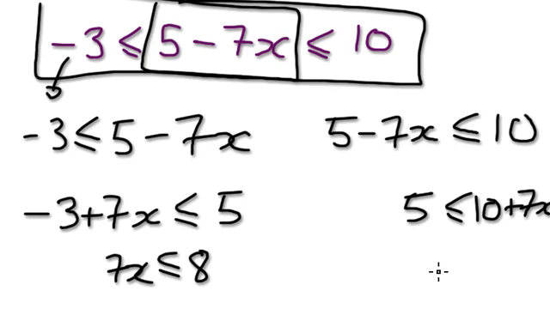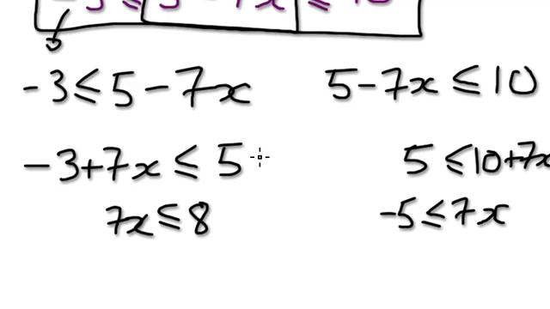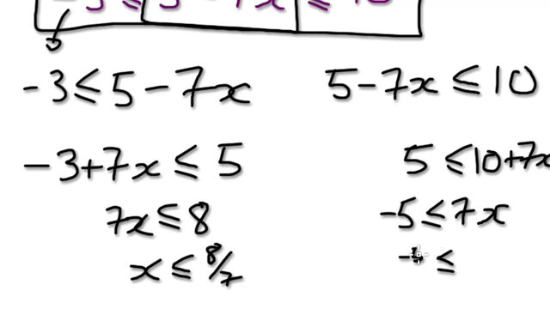On the right hand side, take away 10 from both sides. So this will be minus 5. This here 7x. And then on the left hand side, divide both sides by 7. So x is less than or equal to 8 over 7. And on the right hand side, divide both sides by 7. So it will be minus 5 over 7.